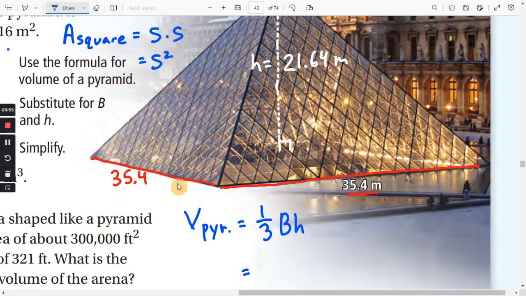So each side length of the square base is S. So back to the volume formula: 1/3 times capital B, which is going to be S squared, times H, the height of the pyramid.